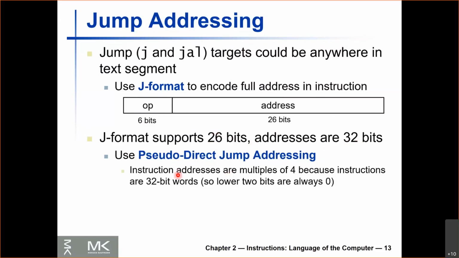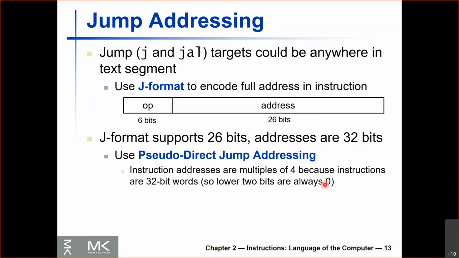First, the instructions are always multiples of 4. Again, we took advantage of this with branch instructions. We're also going to take advantage of it here. The instruction addresses are always a multiple of 4. Okay, so even though they're 32-bit words, we know that the lower 2 bits are always 0 and 0. So we don't need to represent these lower 2 bits. We only need to represent the 30 bits, and then we can multiply those 30 bits by 4.